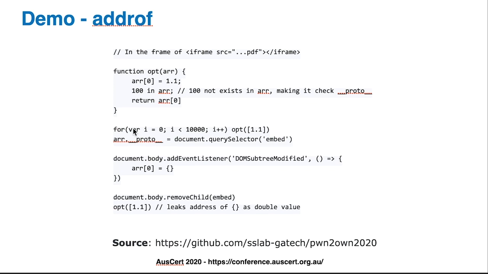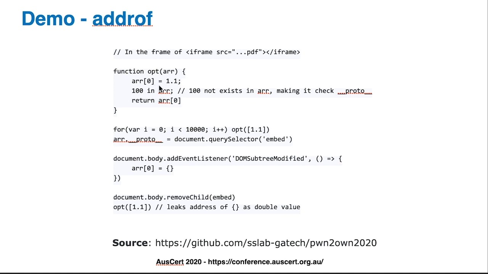Then it assigns the proto object to the embed element, and adds an event listener for the event DOMSubtreeModified, and then it removes the embed elements. Finally, it calls this function.